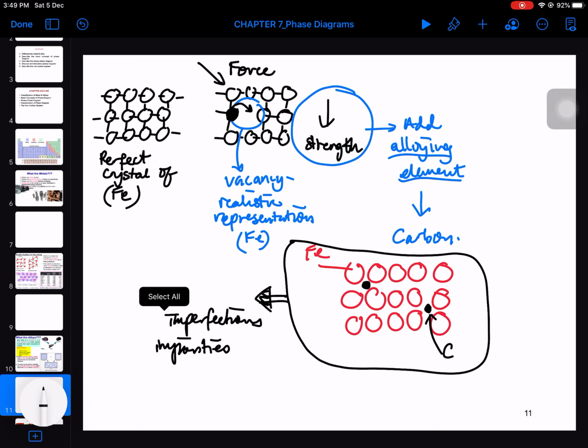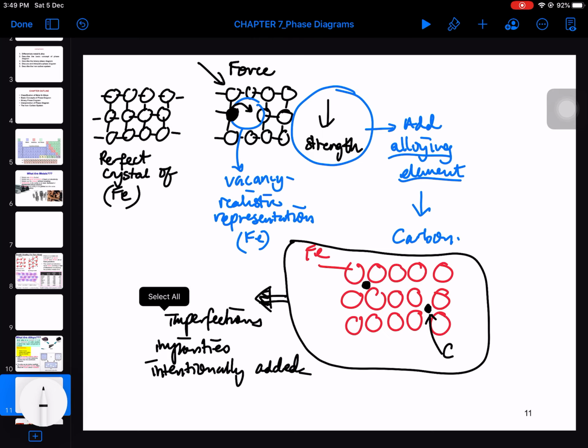But in this particular case, the carbon is intentionally added. So it's an intentionally added impurity, because we have learned in chapter 4 that imperfection might occur unintentionally during processing or the solidification process, but it can also be intentionally added.